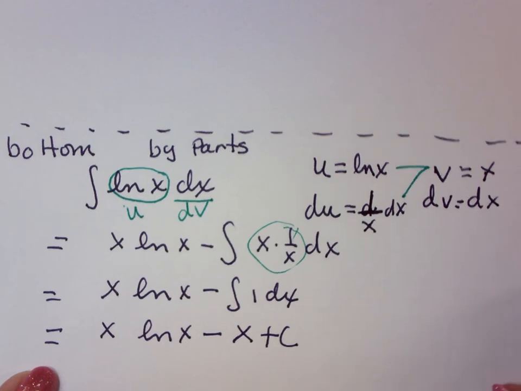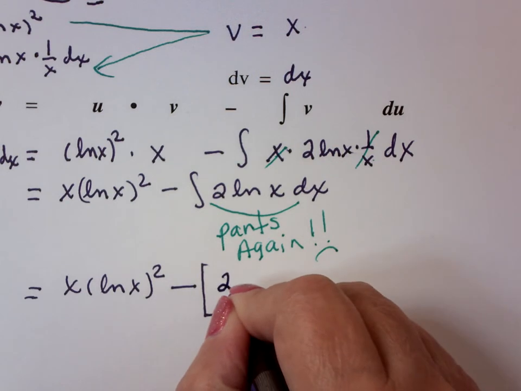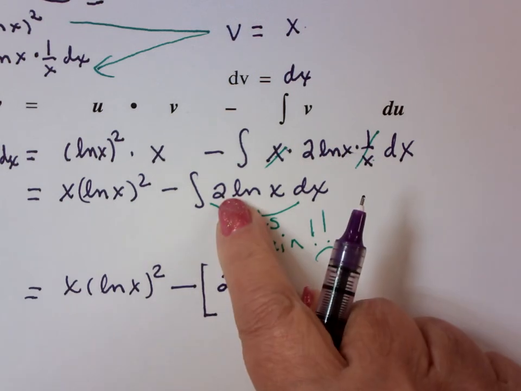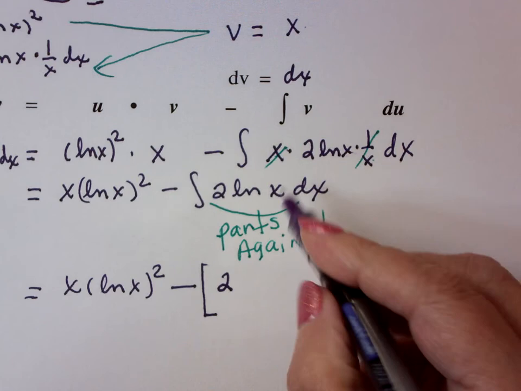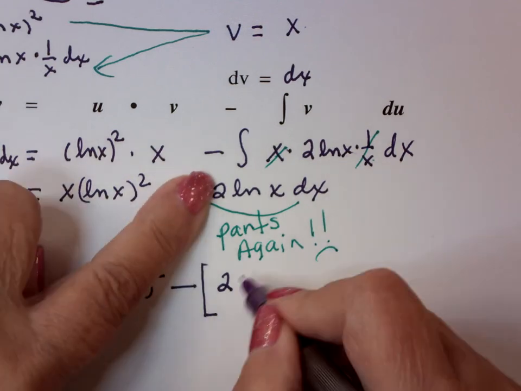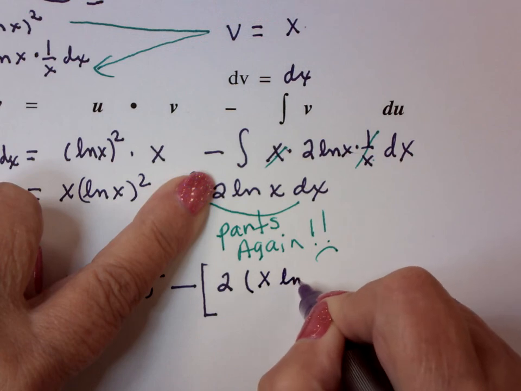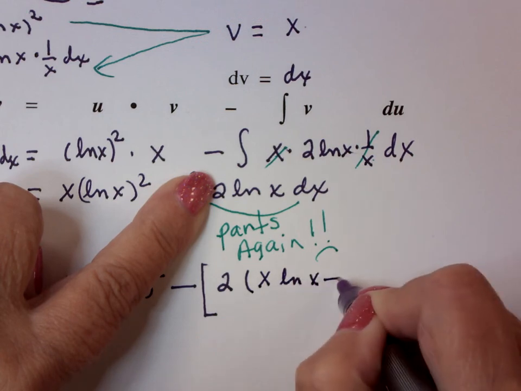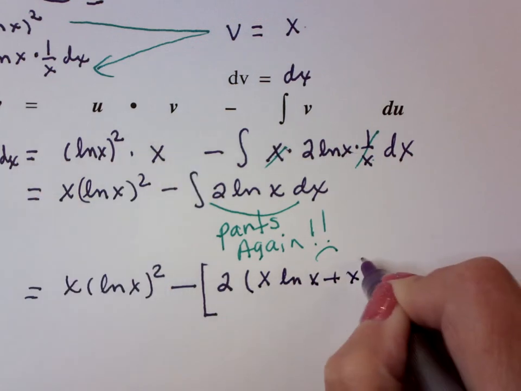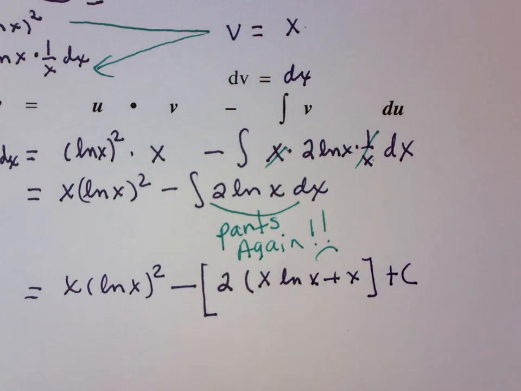So you guys get caught up. And so that says this then becomes 2. That's the 2 from this integral. And that's going to multiply everything, which is x natural log of x, plus x, plus c.